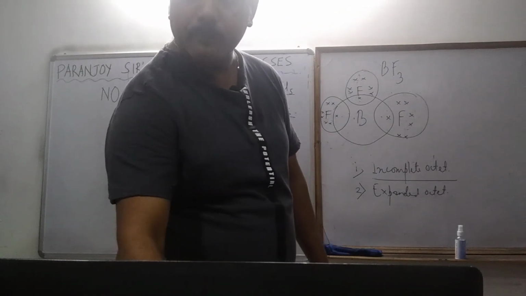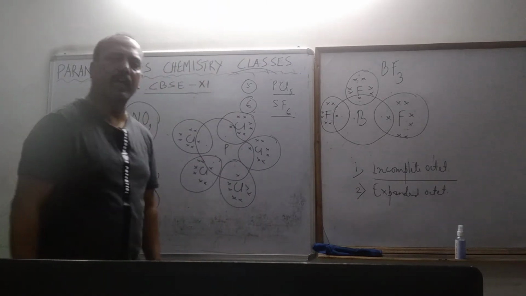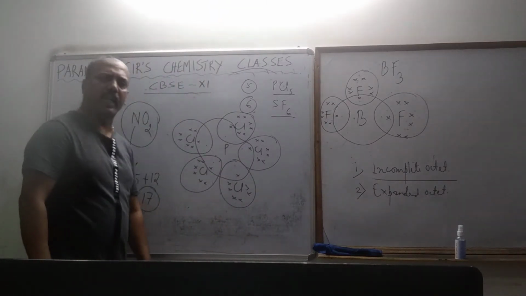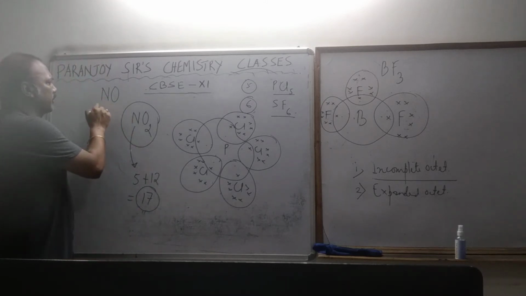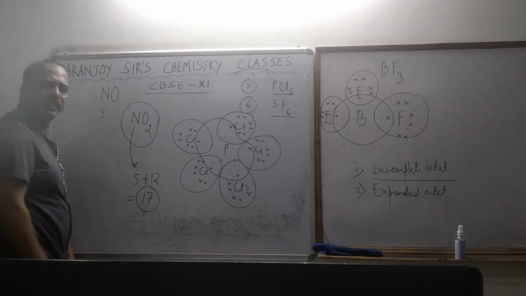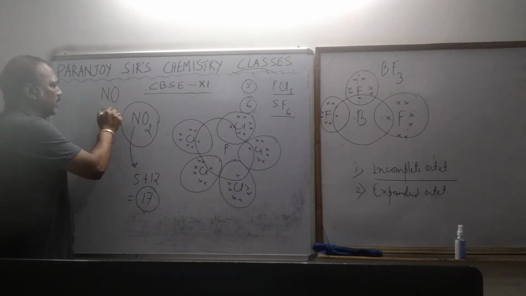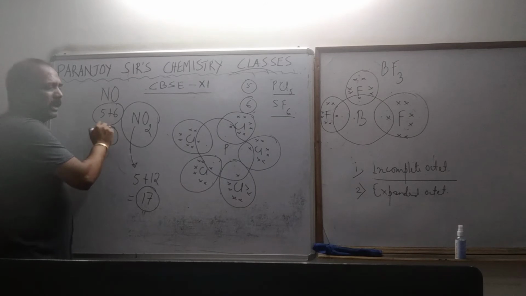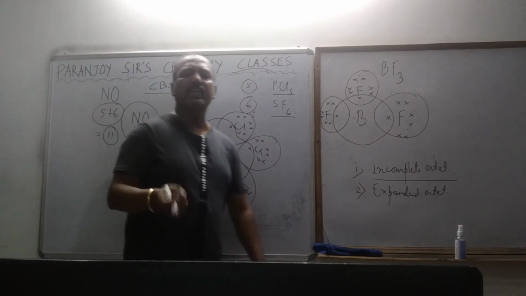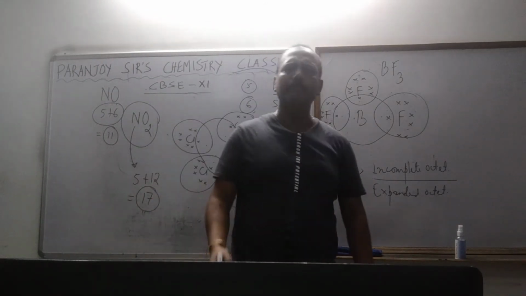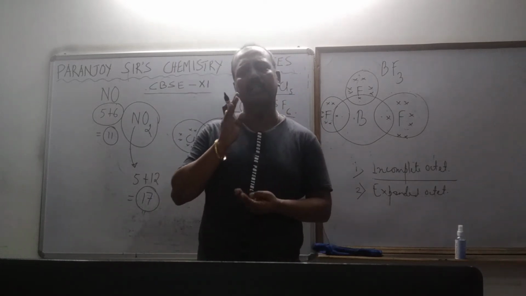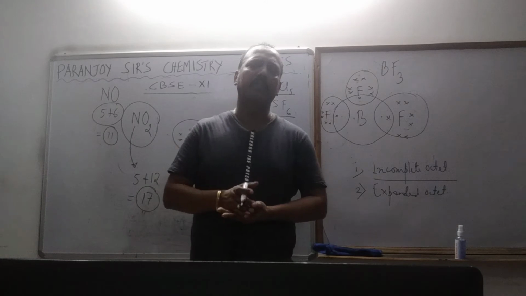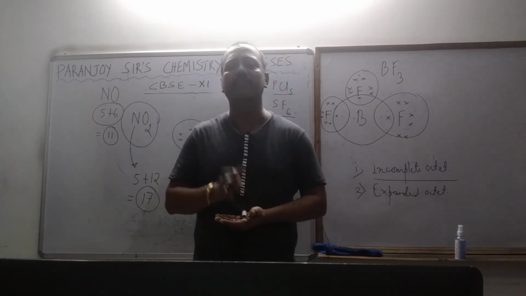But can this nitrogen monoxide be explained by the Lewis dot model? Let us see. Nitrogen has got 5 electrons in its valence shell. Oxygen has got 6 electrons in its valence shell. So the total number of electrons is 11. And an 11 electron system, or any odd number electron system, simply cannot be explained by the Lewis dot structure because it demands doublet or octet, that means even numbers.